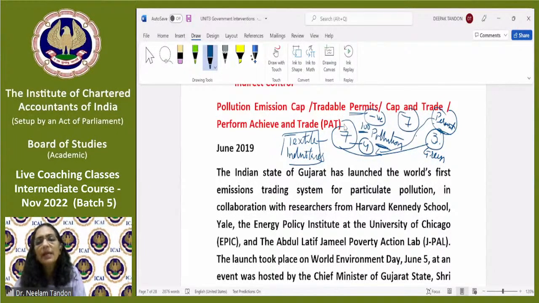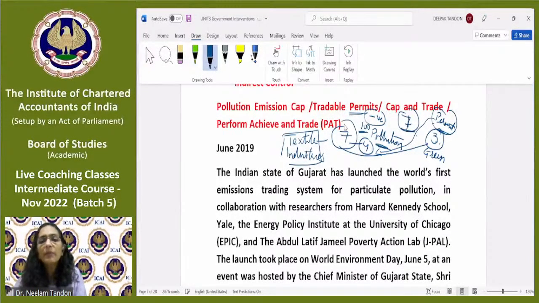Since they are green, they do not require it. And the other 4 which are emitting pollution need permits. They have already used theirs. Now they need more, so they'll buy from them. They'll pay them a price. Now once they pay, and if they keep on emitting pollution, they need more and more, because the number of permits is 7 only.